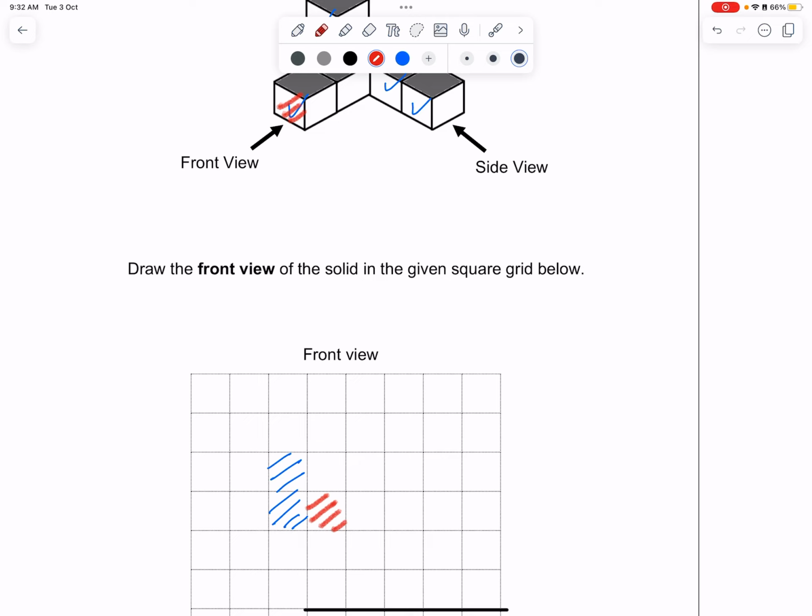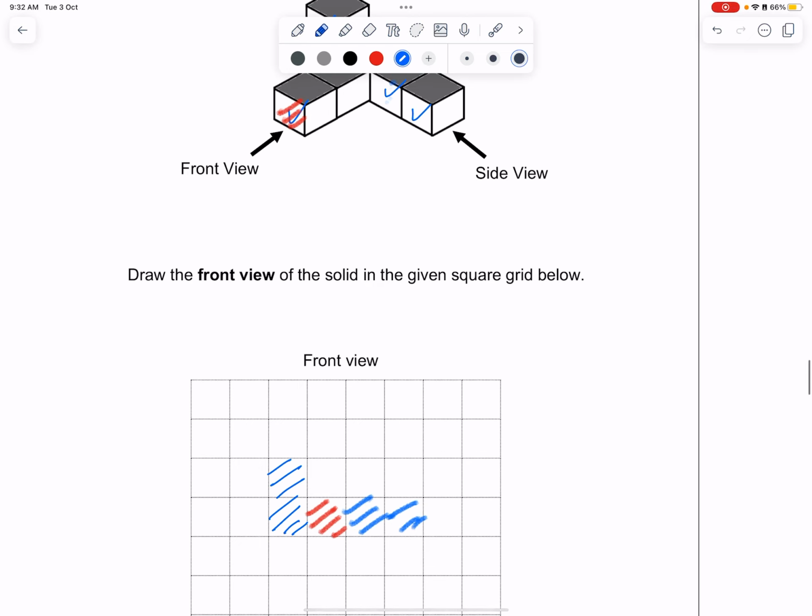And then the last part over here, this 2. So by doing that, I'm very certain of the shape it's supposed to be. And then to help the examiner see what you're shading, I usually will outline it. Not necessary, but good.